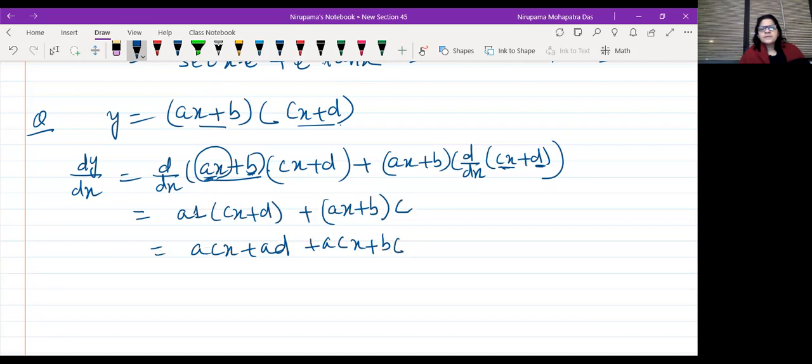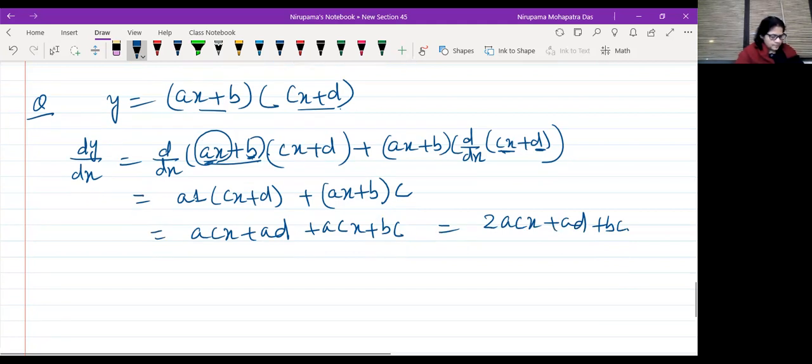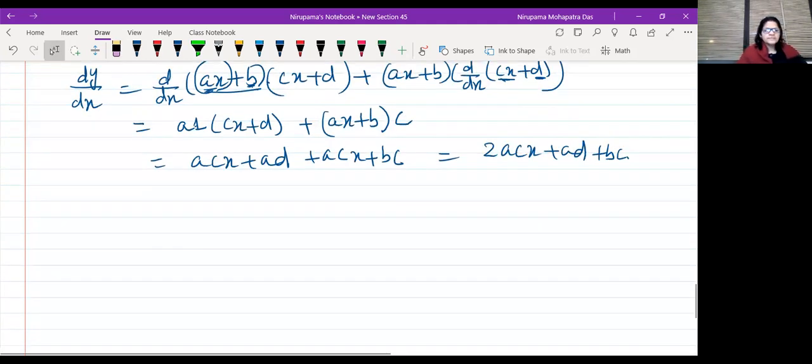So it means you are having 2acx plus ad plus dc. Yes, ad plus dc.